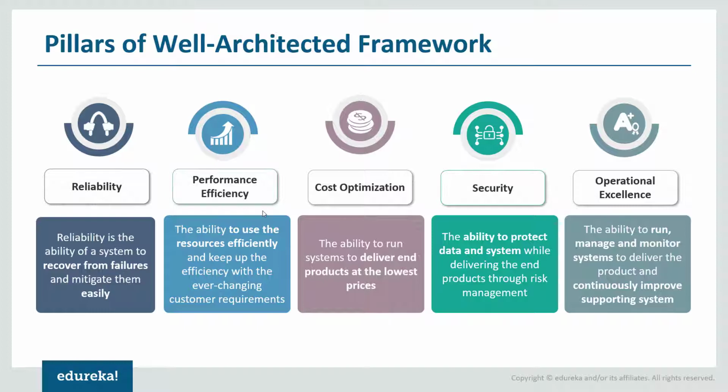Maybe you could have gone with 5 GB or 6 GB of RAM. So we don't tend to use these resources efficiently, and we try to achieve performance by giving more resources. Rather, the AWS Well-Architected Framework performance efficiency pillar talks about using the fewest resources possible with the highest performance.